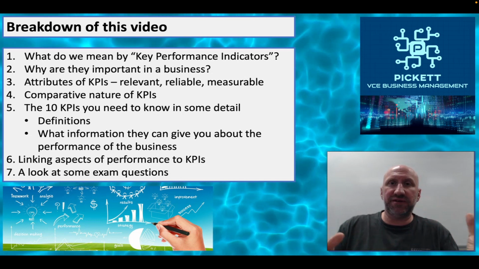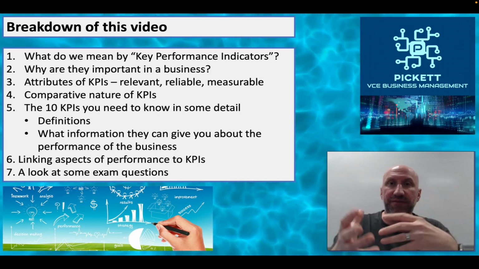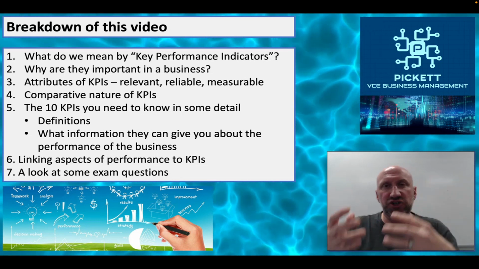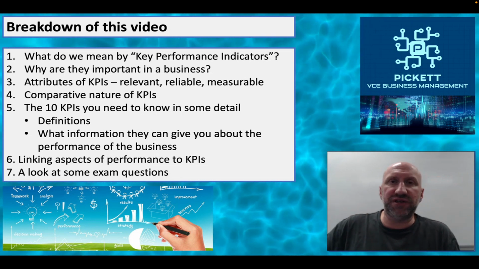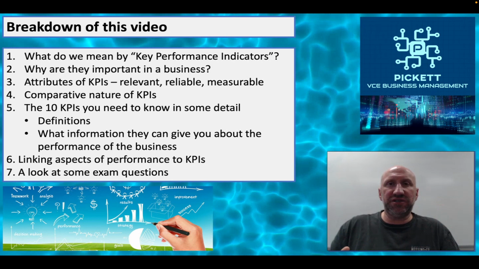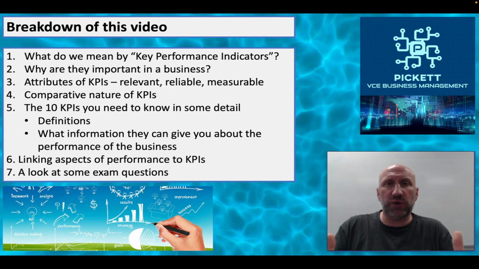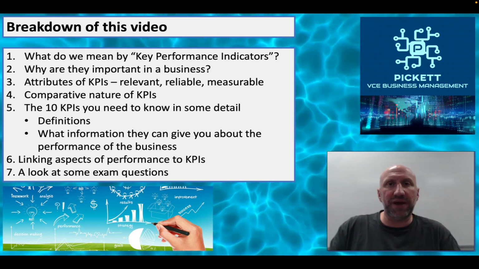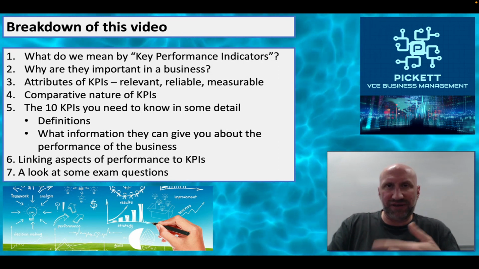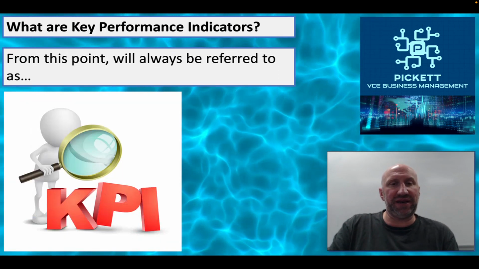We see some analysing of numbers, graphs, charts, tables. You don't need to be a maths genius to do this, but it's the first time we've ever seen questions involving actual numbers, and we need to work out what those numbers are telling us. So I'll give you a couple of examples of that at the end.